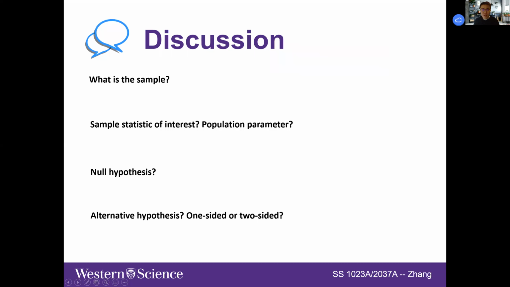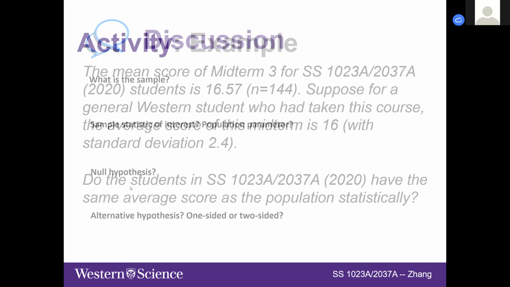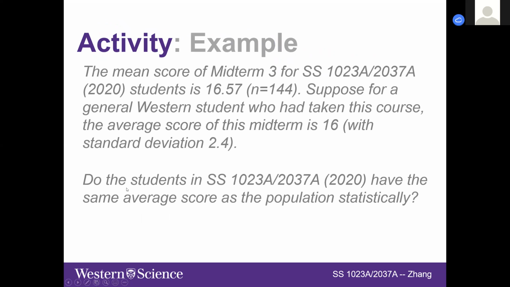I have a question, actually. I'm wondering why the sample wasn't just everybody. Oh, never mind. Sorry. Oh, because the sample is the units that we are collecting data from, right?